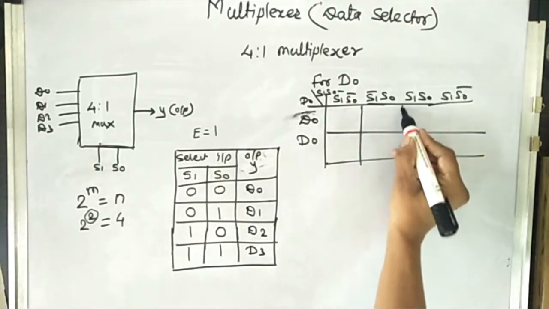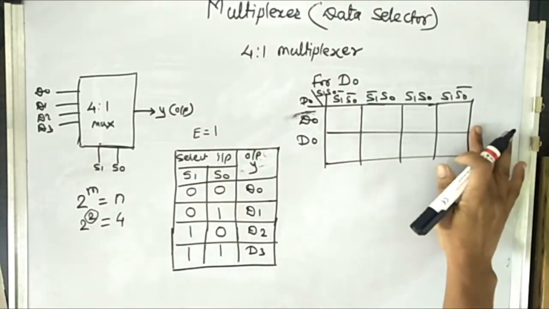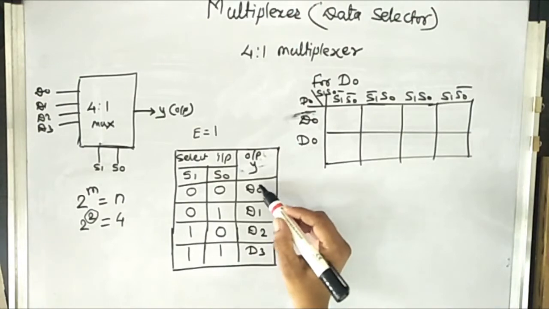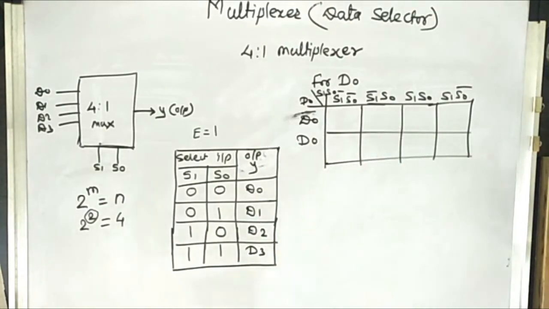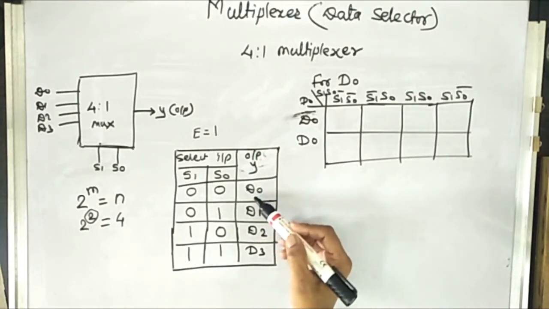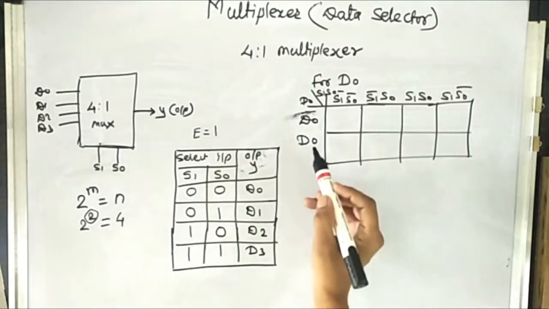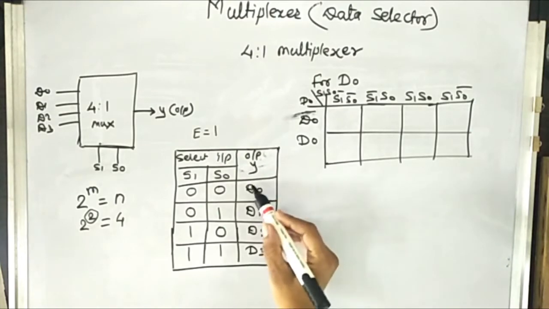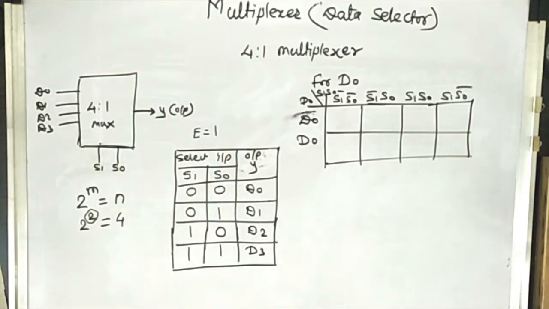What we have to do is plot the output 1 for D0 on this K-map. The output for the D0 input will be 1 only when D0 is equal to 1. If D0 input is 0, the output will be 0, and we want to plot the 1 on the K-map. So we just consider when the output for D0 will be 1, when D0 input is equal to 1.